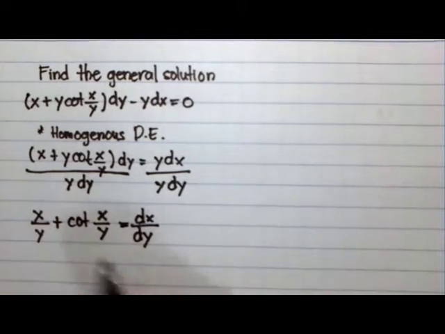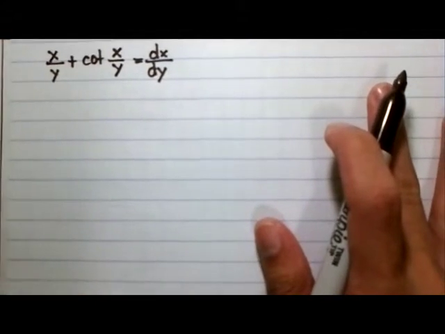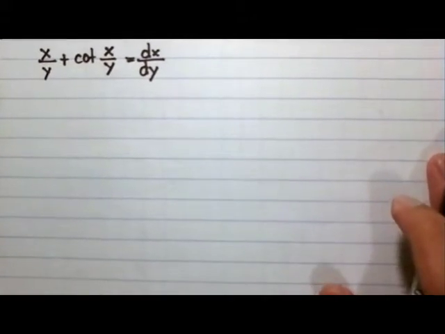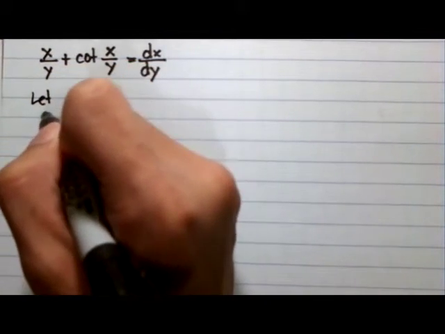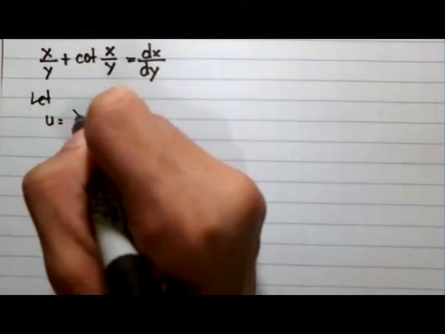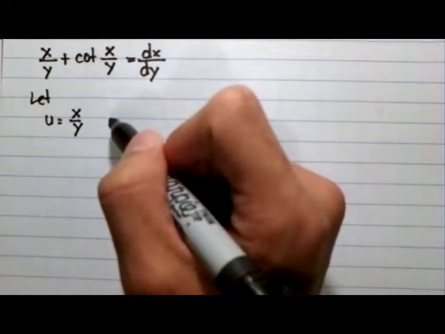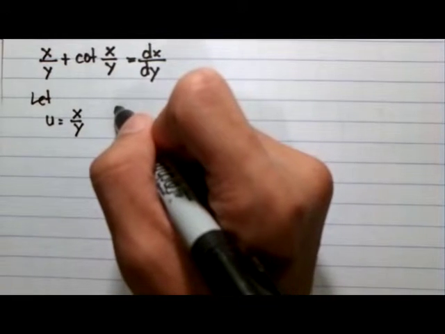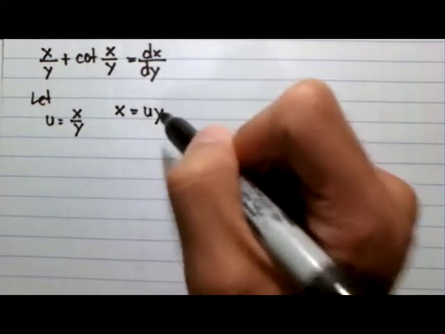This time, we change the variable. Instead of x over y, we let it be u. So let u equal x over y, and we also multiply this by y, and we get x equals uy.